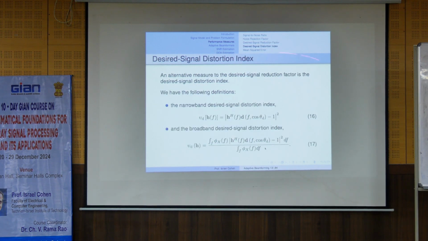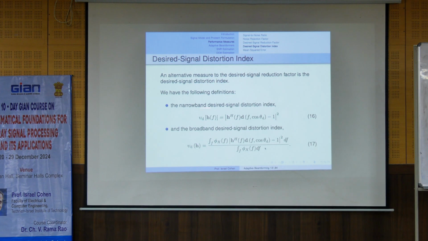Desired signal distortion index. Because we know the statistics of the signal, what does it mean we know the statistics of the signal? We know the spectrum of the desired signal here for the broadband. So we can define the broadband and narrowband desired signal distortion index.